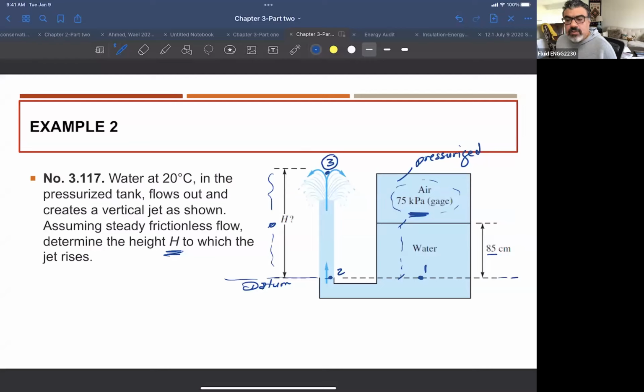Okay, anyone? P1 is equal to P2. Are you sure? This pressure at this point is equal to this pressure?